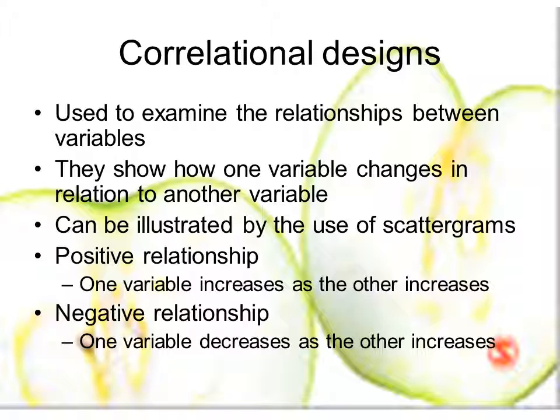If it's a negative relationship, it's going to go down. Level of income may go up, but the individual's weight is going to decrease, or vice versa. So you can see there's a negative and a positive relationship when it comes to correlational designs.